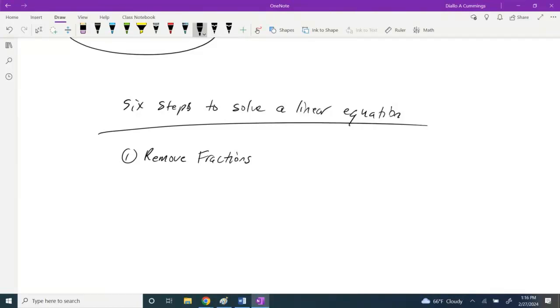We're going to see some equations that have fractions. The very first thing we want to do is just take out the fraction. We remove the fraction by multiplying both sides by the least common denominator, or the least common multiple.